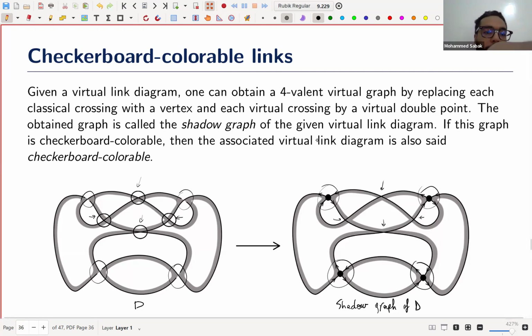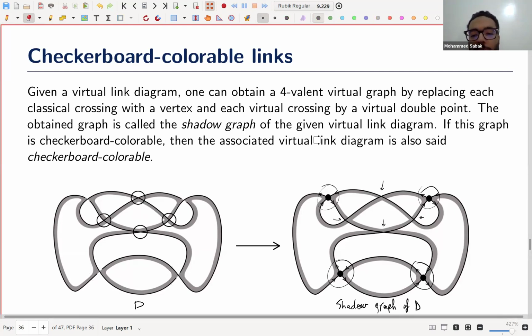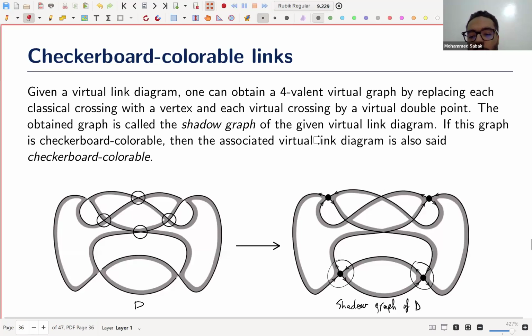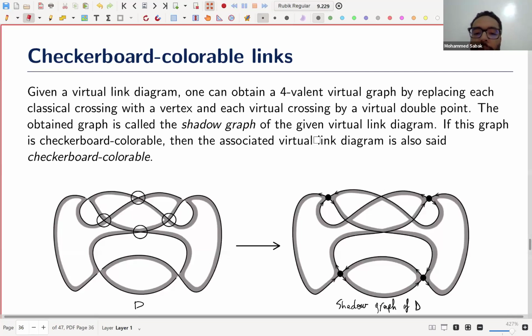If the shadow graph is checkerboard colorable, then we say that D is a checkerboard colorable link diagram.